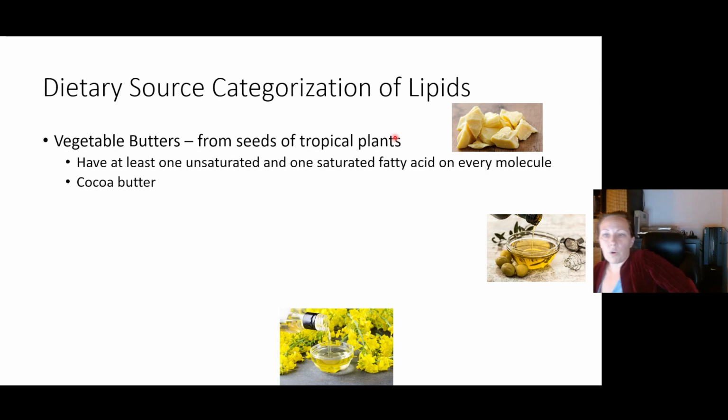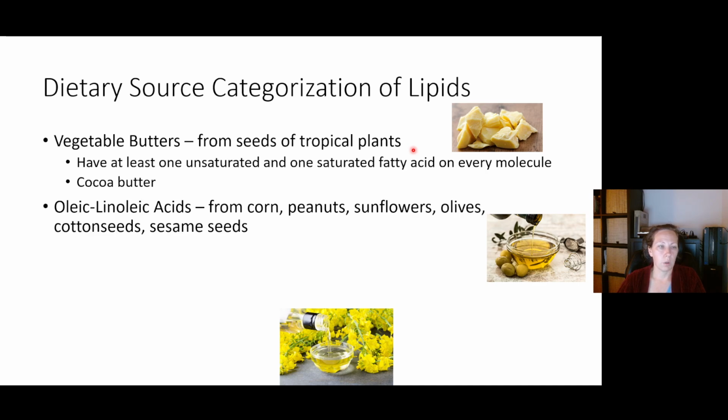Okay, so they are not as saturated as the lauric acids, but they are more saturated than other oils, and they kind of have a butter consistency. All right, so they are somewhat solid at room temperature because they are saturated enough to be solid at room temperature.